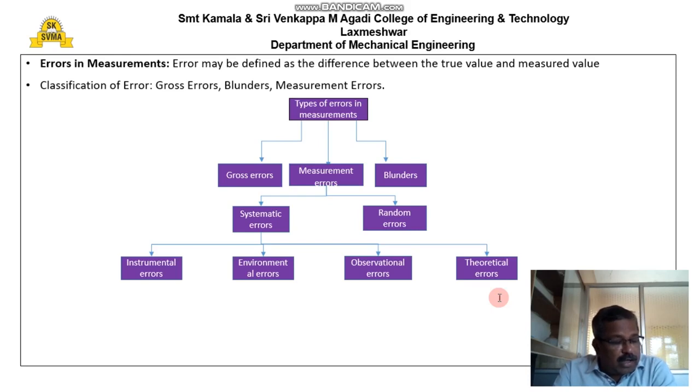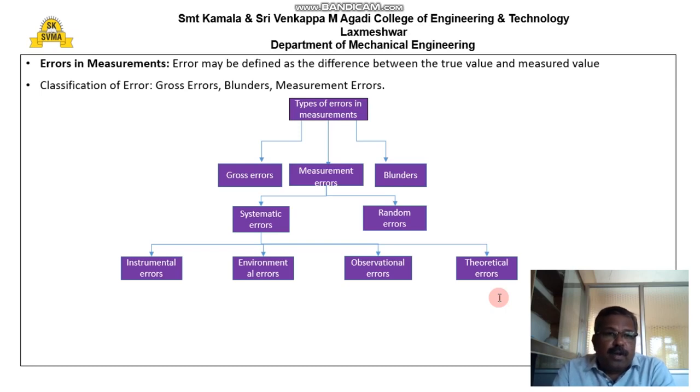These errors are either positive or negative. Examples of random errors are changes in humidity, unexpected change in temperature, and fluctuations in the voltage. These errors may be reduced by taking an average of a large number of readings.